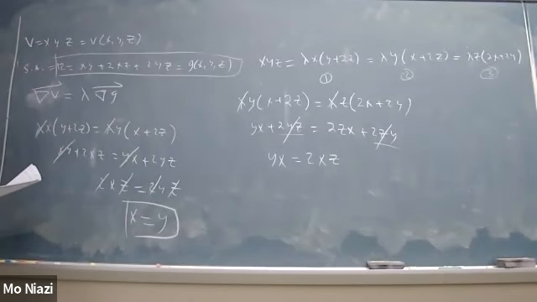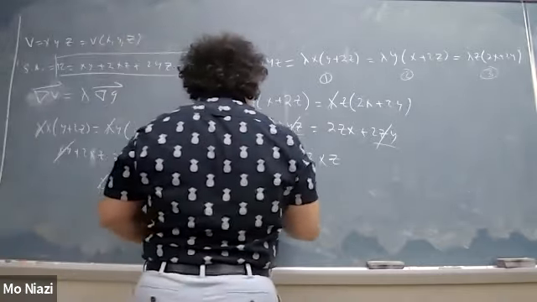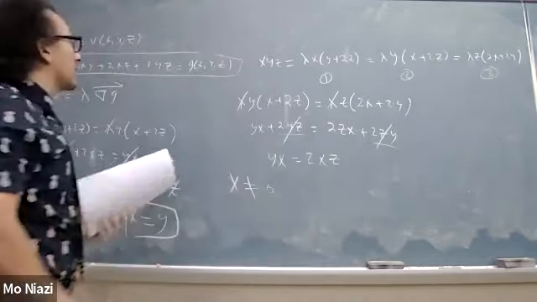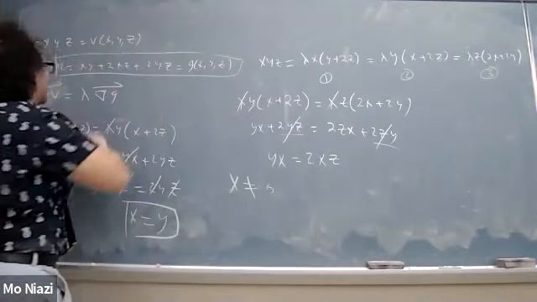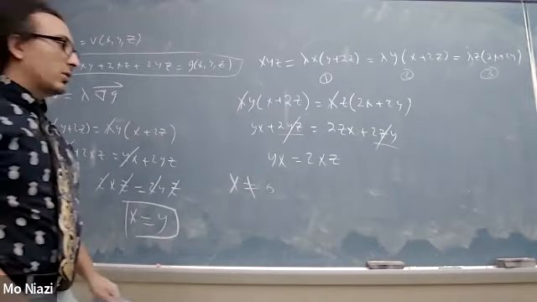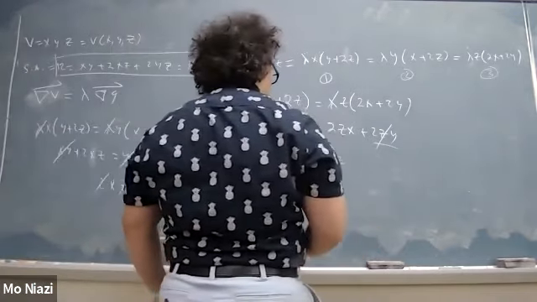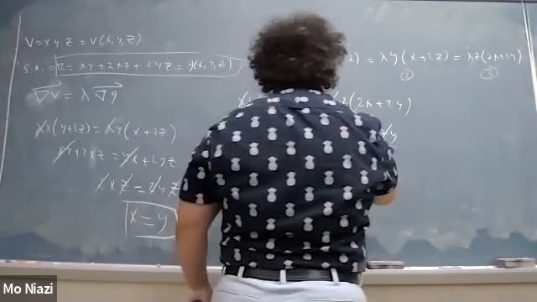So let us not forget that x can't be equal to 0, right? Because then we wouldn't have a volume. Because volume is equal to x, y, z. If x was equal to 0, we wouldn't have a volume. All right. So notice that we can actually cancel out an x over here.